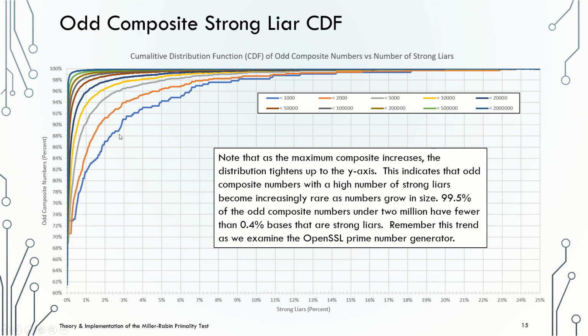And the key here, again, is as these numbers get bigger, the number of strong liars decreases as a percentage. So this first number is for numbers less than 1,000, then less than 2,000, and it just keeps tightening up and tightening up, meaning that fewer and fewer numbers have a lot of strong liars as n gets large, which again is great news because we're generating very large primes.